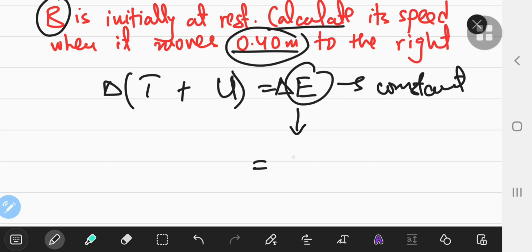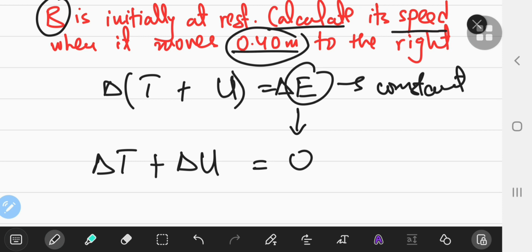It's a constant, and so the right-hand side of the equation is 0, and we have the change in kinetic energy plus the change in gravitational potential energy equal to 0. Now, this is a very useful equation to solve the problem because I'm concerned with the speed of the mass B, right? So that's where the kinetic energy comes in handy.